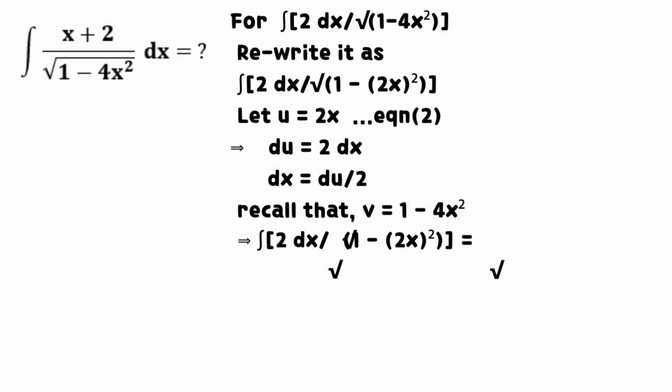This implies that the integral of 2 dx, all divided by the square root of 1 minus the square of 2x, equals the integral of half of 2 du times the reciprocal of the square root of 1 minus u², which equals the integral of du divided by the square root of 1 minus u².